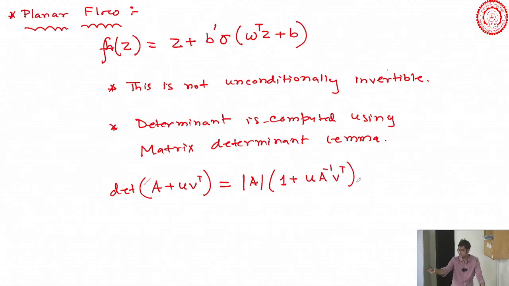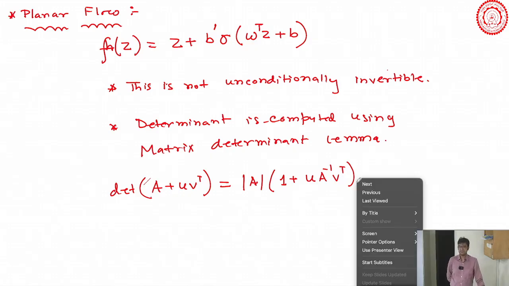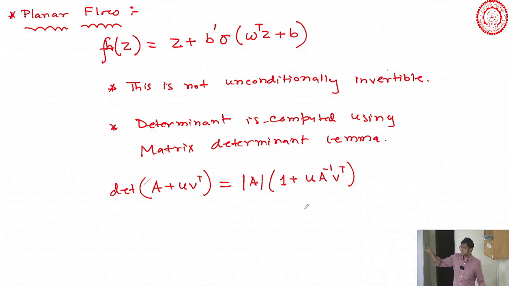Can you verify? It is written there. But this is the one, right? I think this is the one. You can use this to find out the determinant of the Jacobian. And it will be easy because what will be A in this case? Can you tell me? Identity, right? A will be identity. So A inverse will be identity.